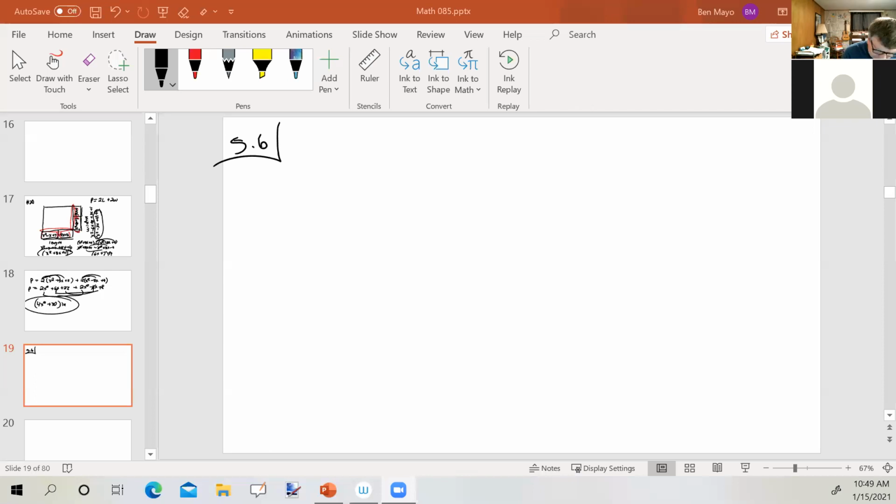Let's say we have a monomial, negative 2a cubed, times another monomial, 11a squared. Now the quick, easy answer is negative 22a to the 5th. But let's go back and break it down and see how we get that.